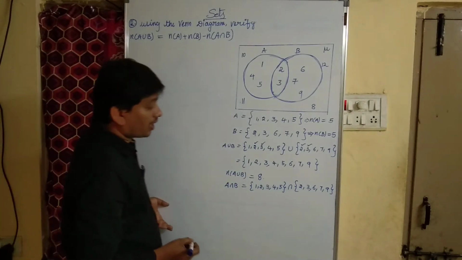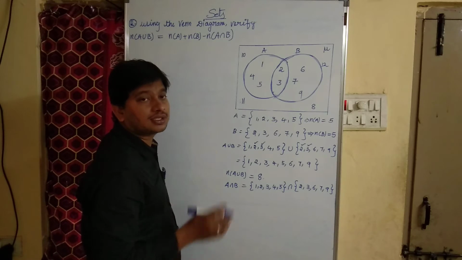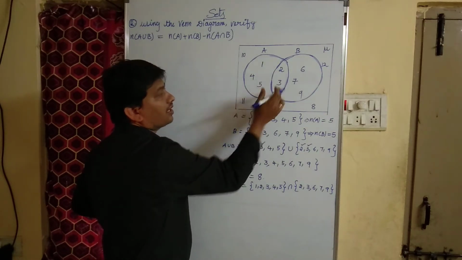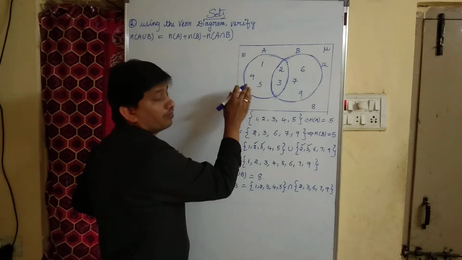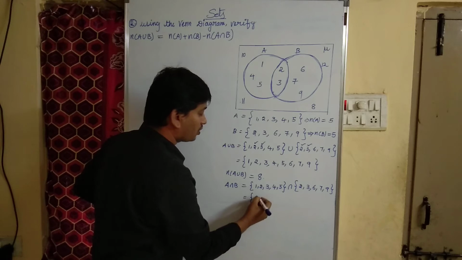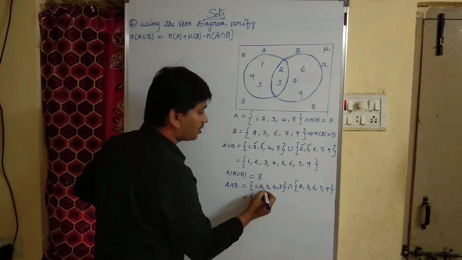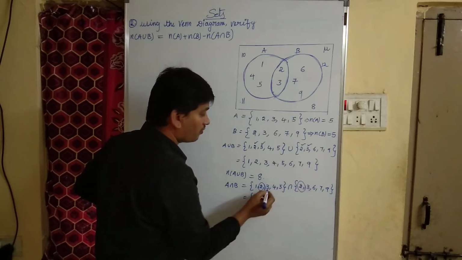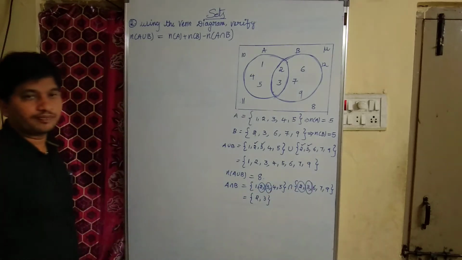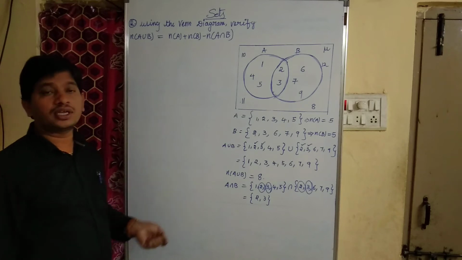So as I told you, intersection in the sense common elements. By seeing the Venn diagram, we can say directly 2 and 3 belong to both set A as well as set B. So common elements are 2 and 3. 2 is common for both the sets as well as 3 is also common for both the sets. The common elements are only 2 and 3.